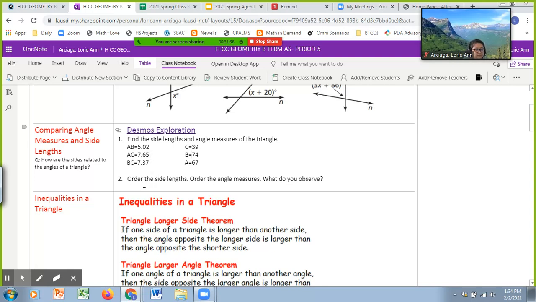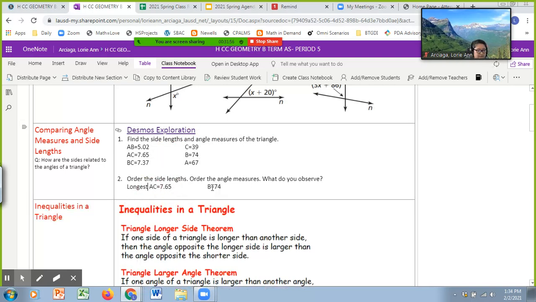So if I start with the longest here, the reason why I asked you to arrange them across each other is because the longest side is actually also across the largest angle. You guys see that pattern? So if I copy that, then I could just copy them together. So that's my longest, and this is actually my largest angle.